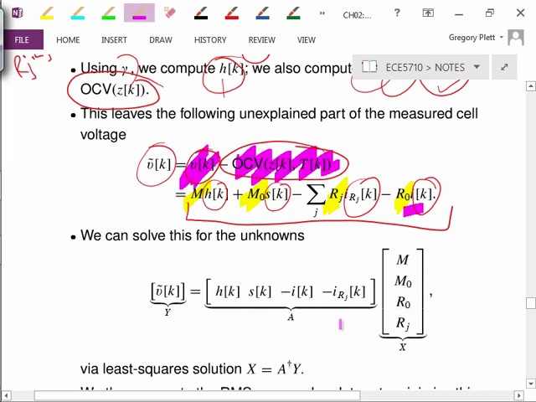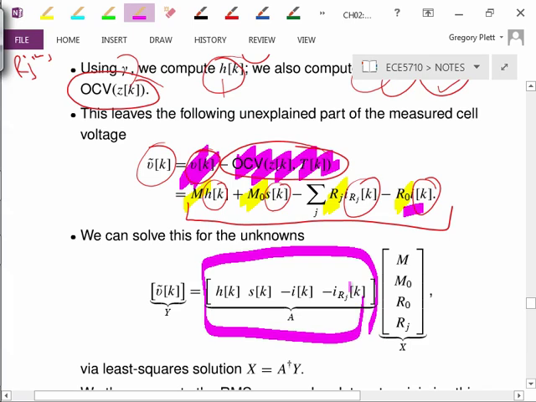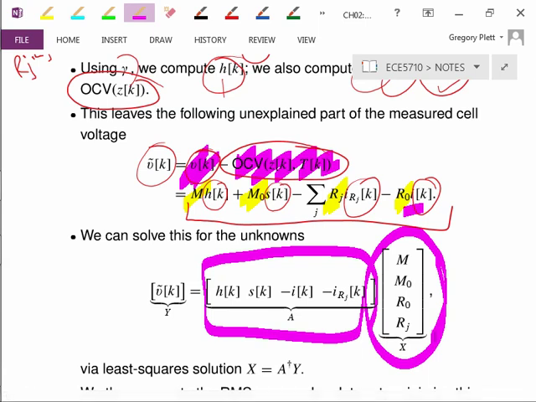I know everything in this matrix: the H, the S, the I, the IRs. I know that. I don't know X. X has 4 components at least, depending on how many RC pairs, so it's 3 plus the number of RC pairs. The A matrix has as many rows as data points in my test, and the same number of columns as X has rows.